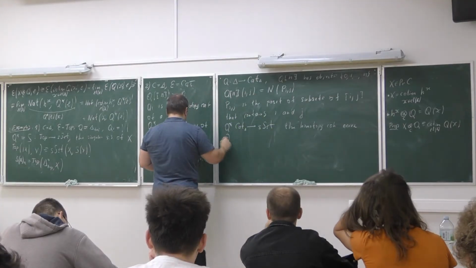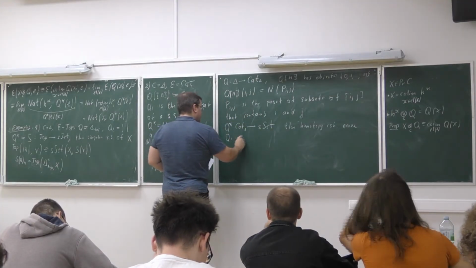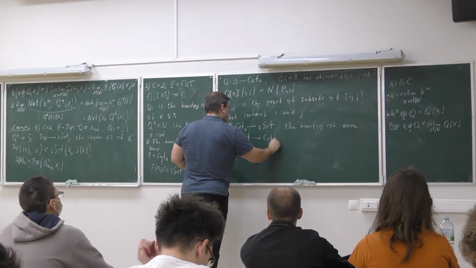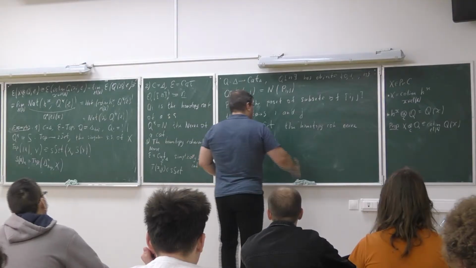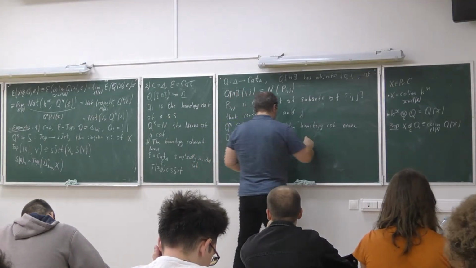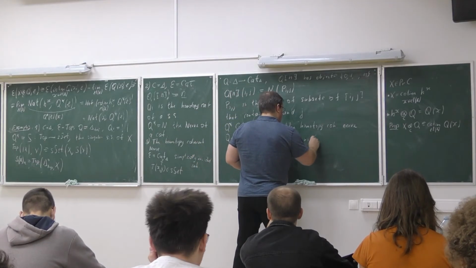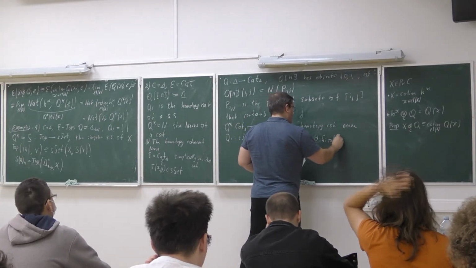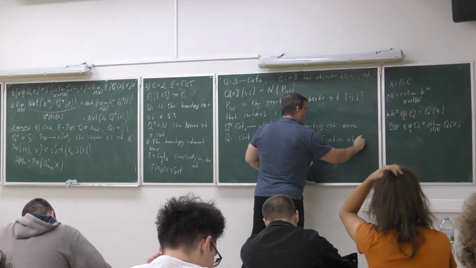And functor Q lower star from simplicial sets to the simplicial categories, this is called the rigidification of infinity categories.